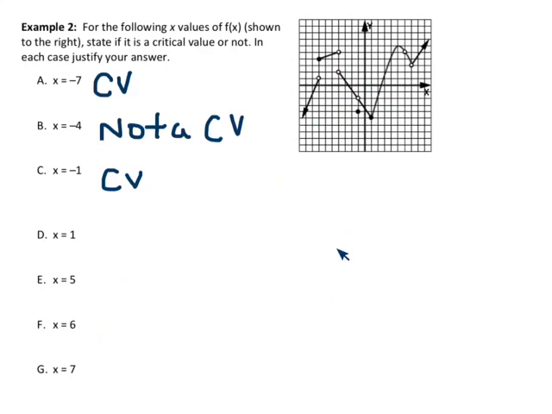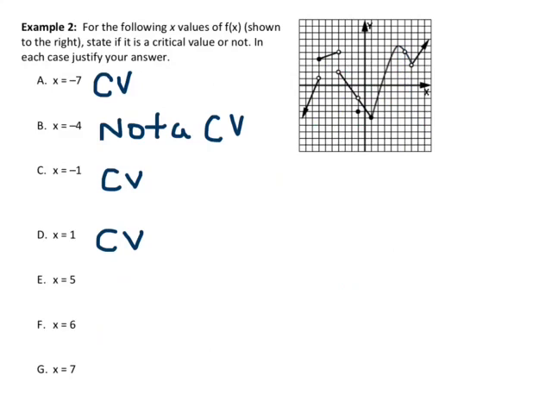We move on to check x equals 1. Here is x equals 1. All right, great. It's defined. What else can you tell me? Well, the derivative does not exist at this point because it's a cusp. So x equals 1 is a critical value. All right, moving right along. We will check the value where x equals 5. That is right here.